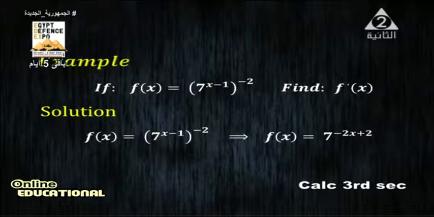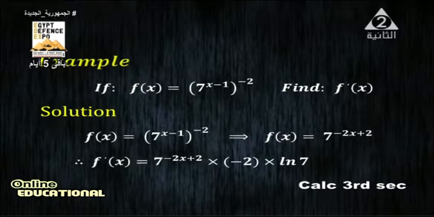Then the function f(x) equals 7 to the power negative 2x plus 2. Now, what is the derivative of 7 to the power negative 2x plus 2? f'(x) equals 7 to the power negative 2x plus 2 multiplied by the derivative of the power, which is negative 2, multiplied by ln 7.